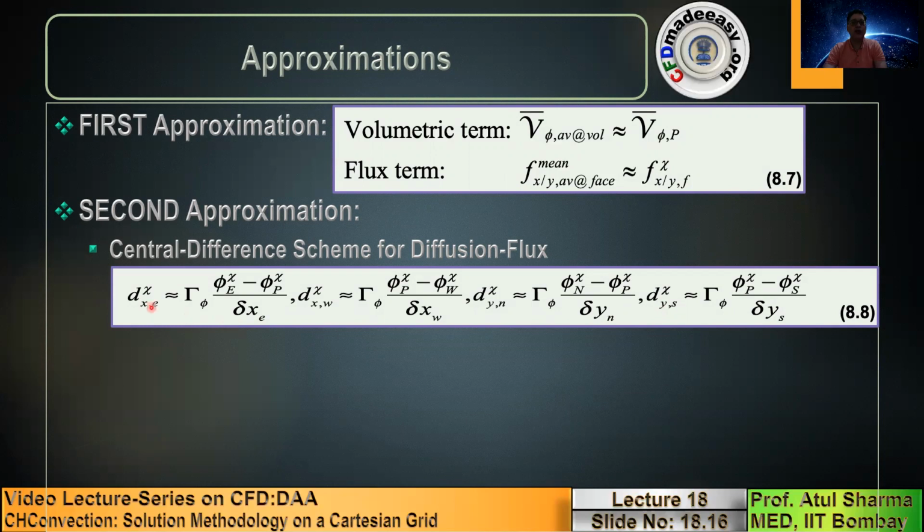So for this diffusion flux, gamma phi is equal to mu for momentum transport, and phi is equal to u for x momentum, and this d for x momentum leads us to the viscous stresses in the x direction. When this phi is v, then this d will lead us to the viscous stresses in the y direction.